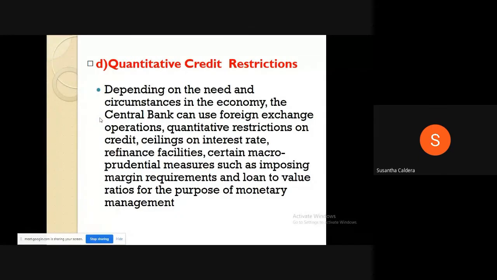In other words, it is like a 200% margin. At the time of opening the LC, you have to block cash. If you say $100,000, that is roughly 20 million.